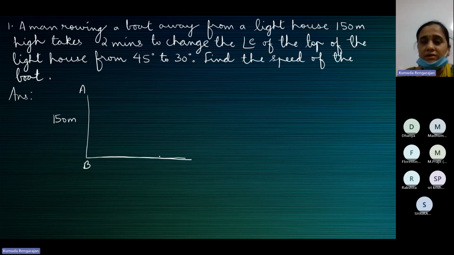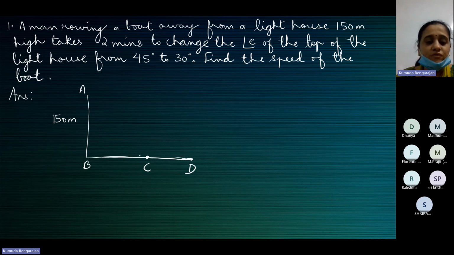Now there's a boat, represented only by a fine dot. The angle of elevation changes from 45 degrees to 30 degrees, and it's given that the man is rowing the boat away from the lighthouse. Let C be the initial position of the boat and D the second position.